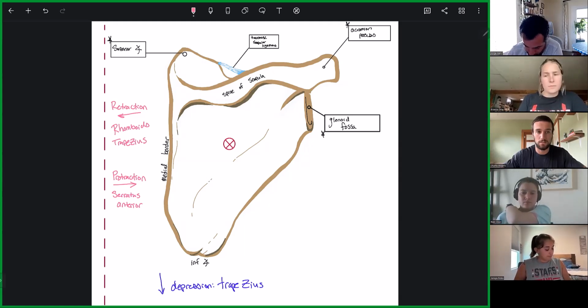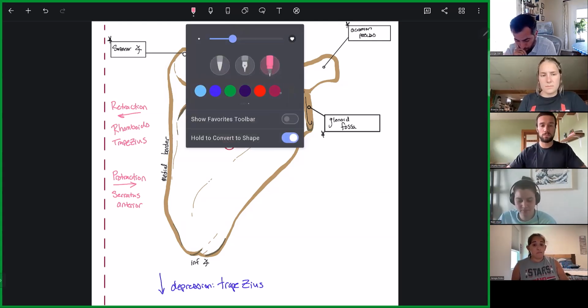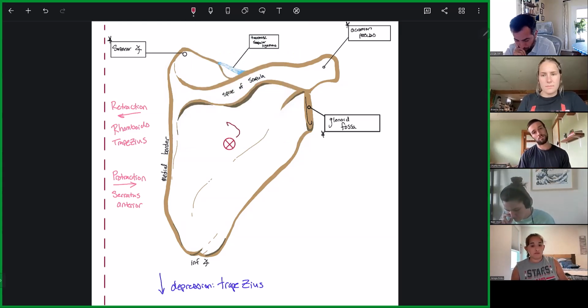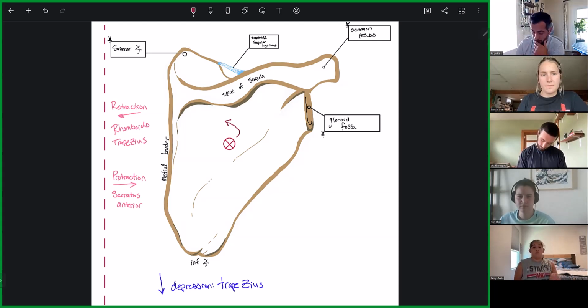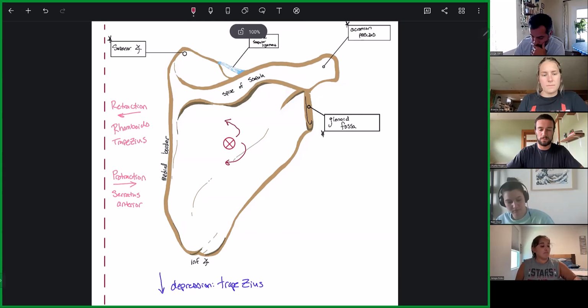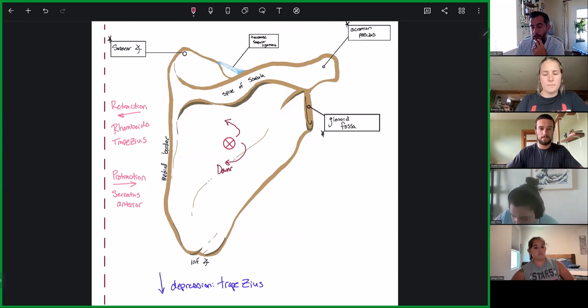Okay, and now here's where the scapula can move and rotate. So now we need to start putting on a couple things that can rotate and move that glenoid fossa upwards to show off your armpit to the world, because why not? And then we can also move that glenoid fossa down. Now this would be that downward rotation. And then we also have upward rotation.